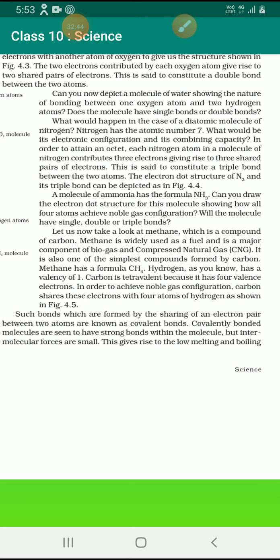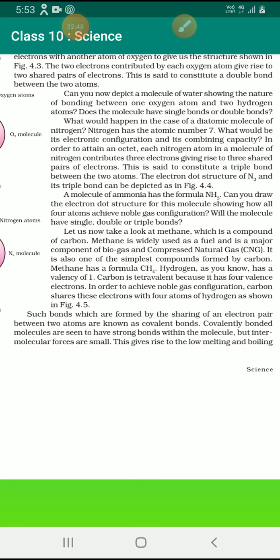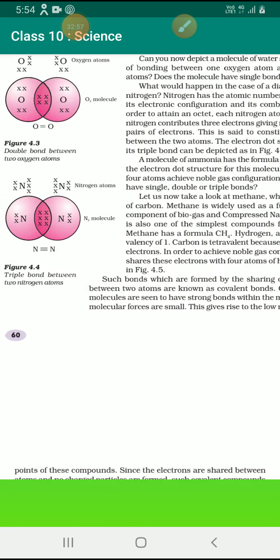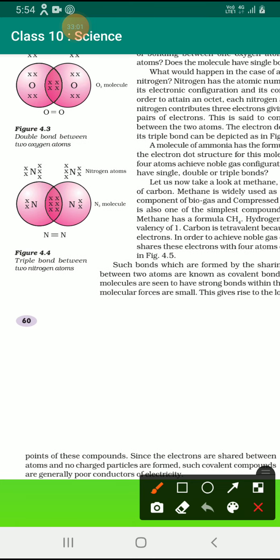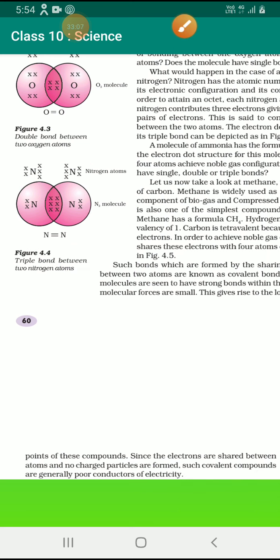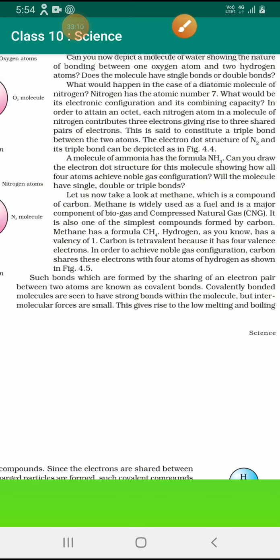This is said to constitute a triple bond between the two atoms, because a triple bond means sharing 3 electrons. The electron dot structure of N2 is shown in the figure. You can see the picture clearly: N triple bond N, nitrogen has got a triple bond.